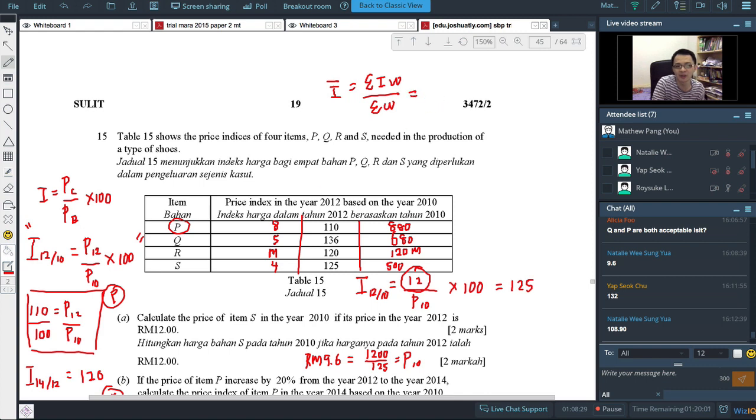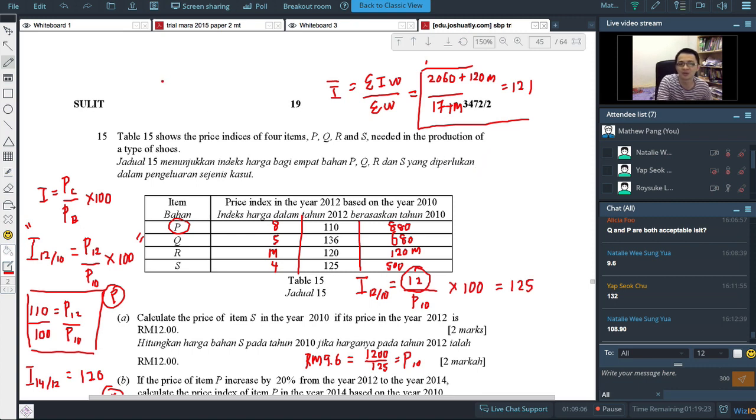So the total of the weightage means adding everything here: 9 plus 7 is 17, then 17 plus M. And the total here means adding everything together: 880 plus 500 plus 680, so this is 2060 plus 120M, and it equals 121, which is the composite index given just now. So just solve this equation, then you can find the value of M.